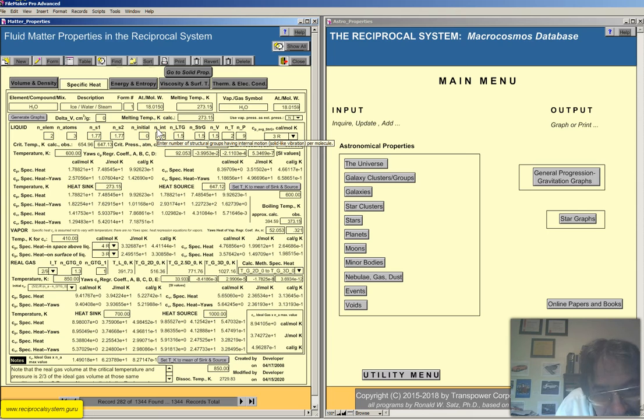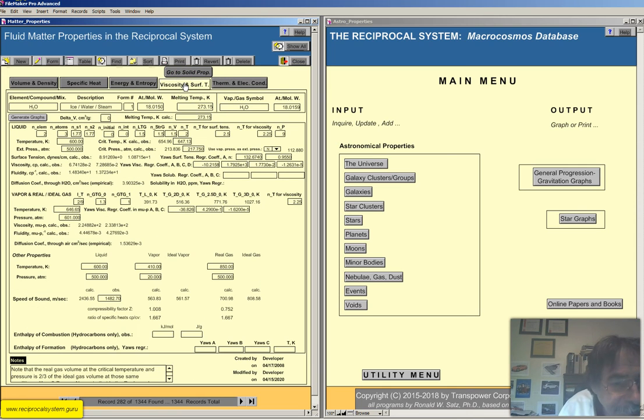This is the number of structural groups having internal motion, number of liquid thermal groups per molecule, 1.5 there. Number of liquid structural groups per molecule, 1.5. And then we have the number of liquid volumetric units, the number of liquid temperature units, and number of units resisting external pressure.